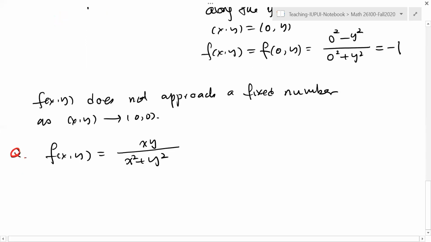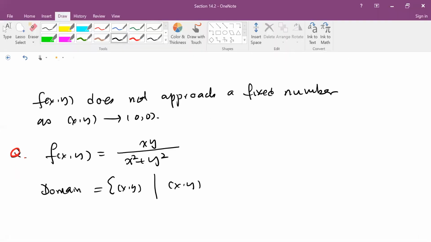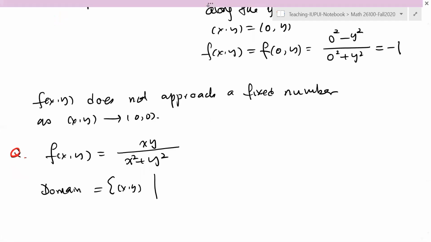So for this function, what is the domain of this function first? The domain is going to be all the x and y where x squared plus y squared is not going to be 0, otherwise you get 0 over 0.